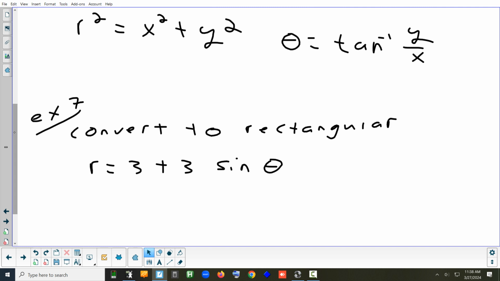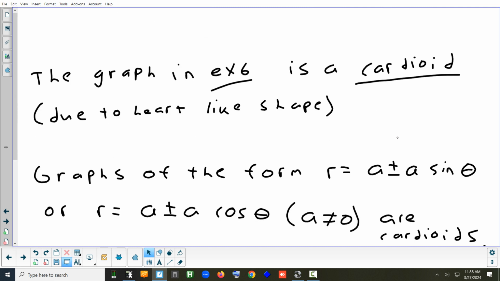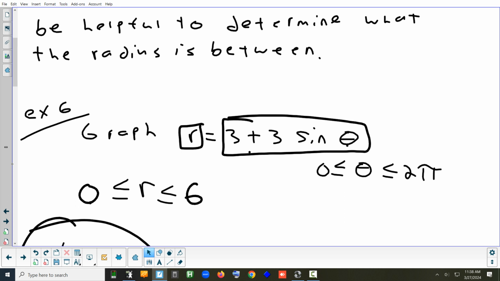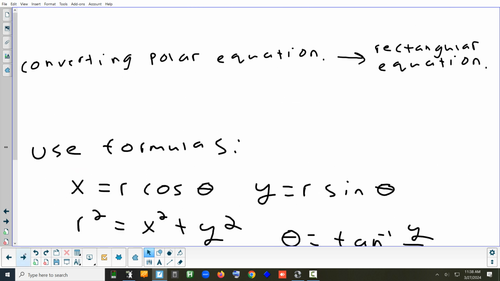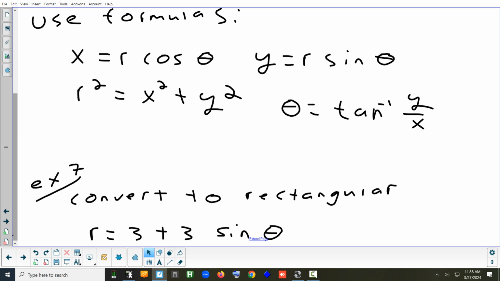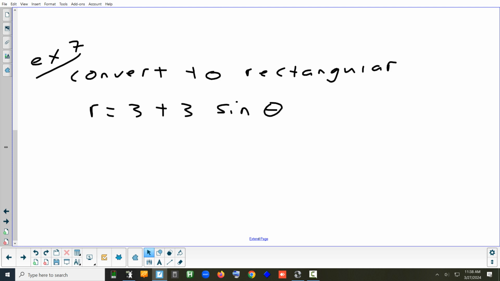Okay, in rectangular, what are the only 2 letters that you are allowed to have? Excellent. Yeah, so we've got to get rid of everything here that's not an x or a y. So 3's are fine, but the r is not fine, and the sine theta, that's not fine either.